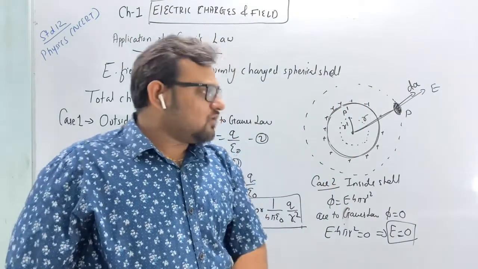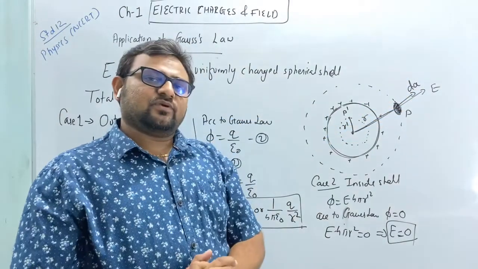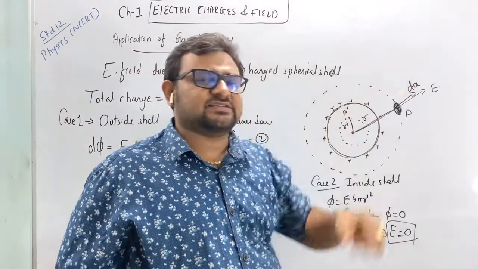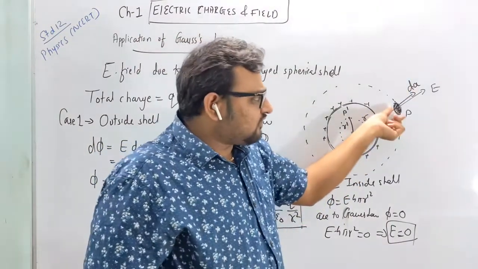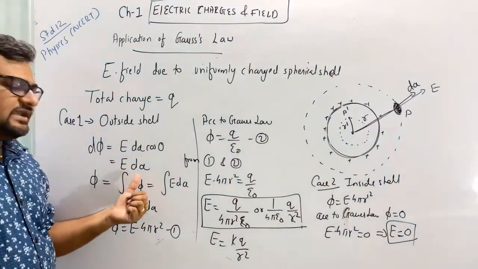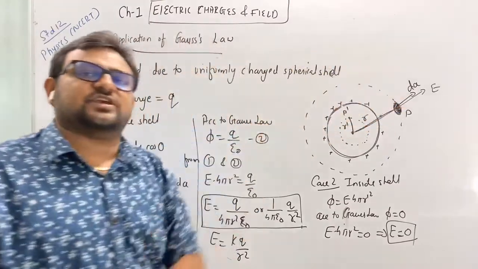Now select a small area element dA. The angle between E and dA is 0, so the small amount of flux is E dA cos 0, that is E dA.